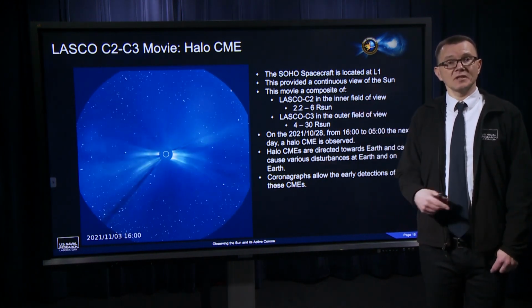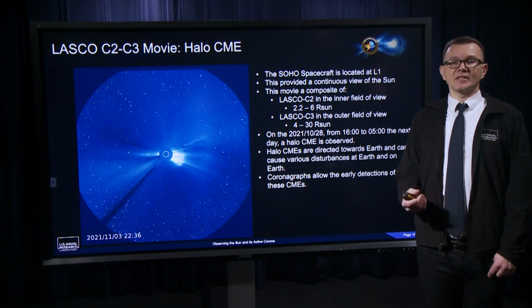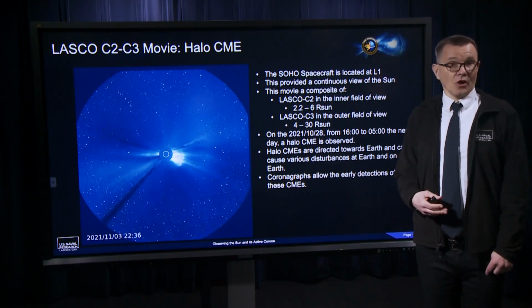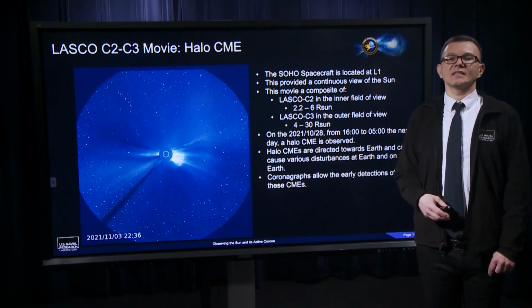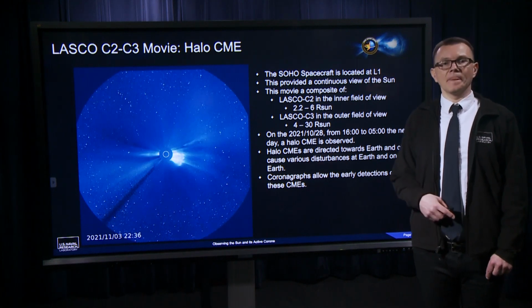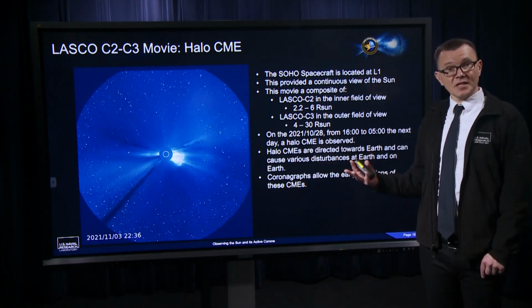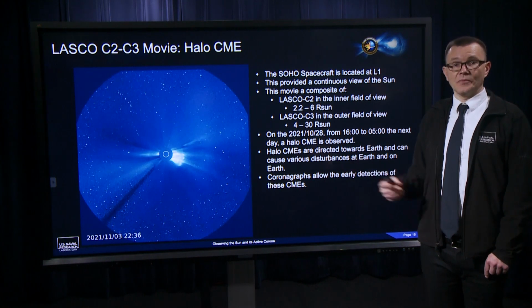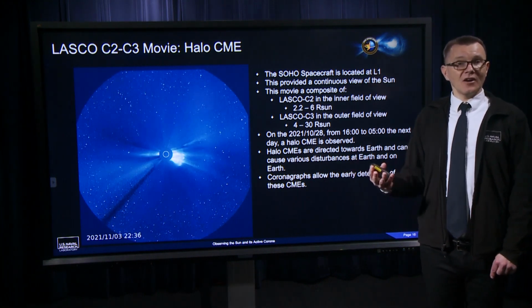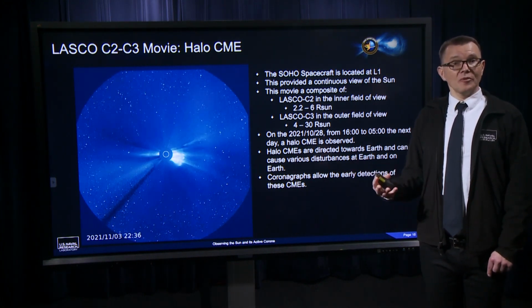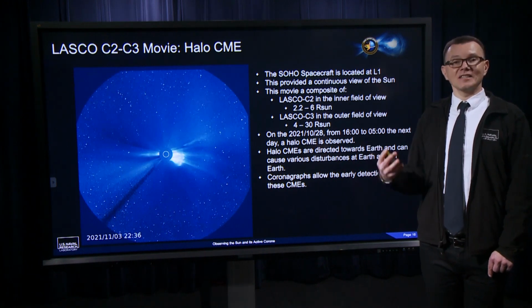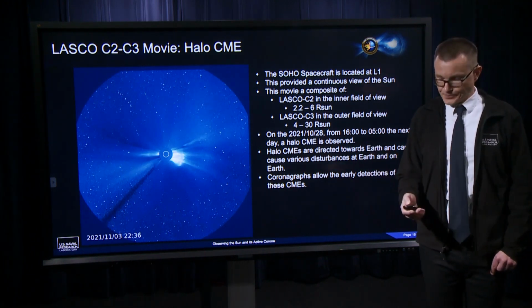These kinds of CMEs are generally directed towards the Earth and can cause various disturbances that we will explain later in the video. Note also the random saturated noise that looks like snow. These are energetic particles coming from the sun and impacting the image plane of the camera.